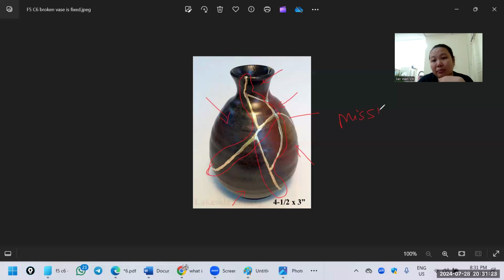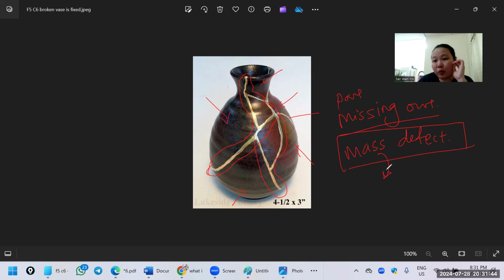The powder-like part is missing. So the part that is missing is the mass defect. Okay, so this mass defect will turn into huge nuclear energy.